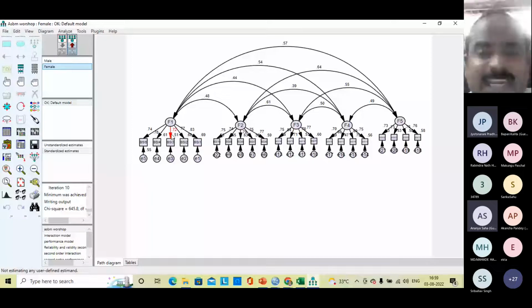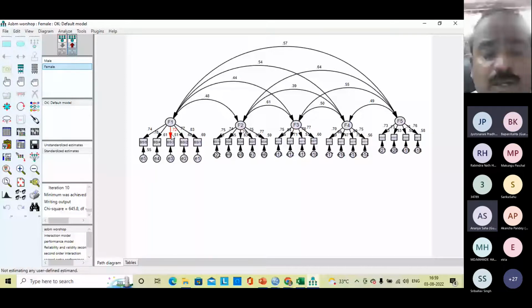So the initial indication we got is that some differences are arising. Please keep this question in your mind: whether this difference is significant or not. Later on we will solve this problem.